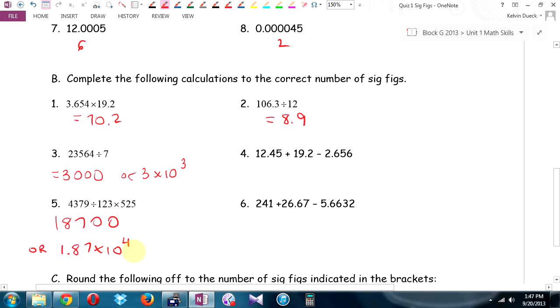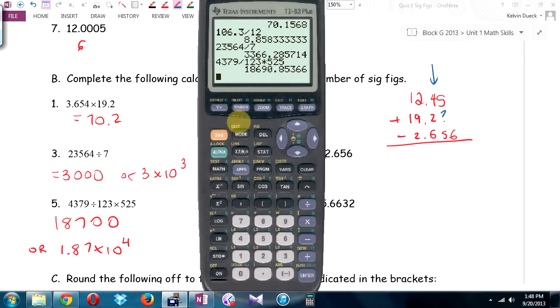Now, adding and subtracting. Okay. It's a little tougher. I got to write it vertically. Looks like my first guess is right there, so I'm going to round off to that column, 1 decimal place. And you notice I didn't say 1 sig fig. I'm picking my words very carefully here. So 12.45 plus 19.2, take away 2.656.